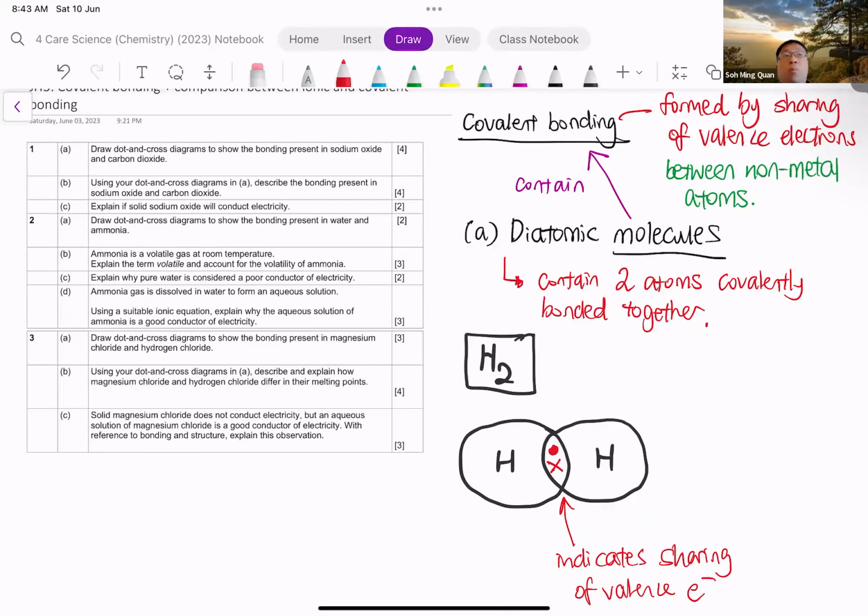Similarly, the hydrogen on the right will share its valence electron with the hydrogen on the left. So when we say share one, we mean that each atom shares one. So we can say that each hydrogen atom shares one valence electron with the other hydrogen atom.